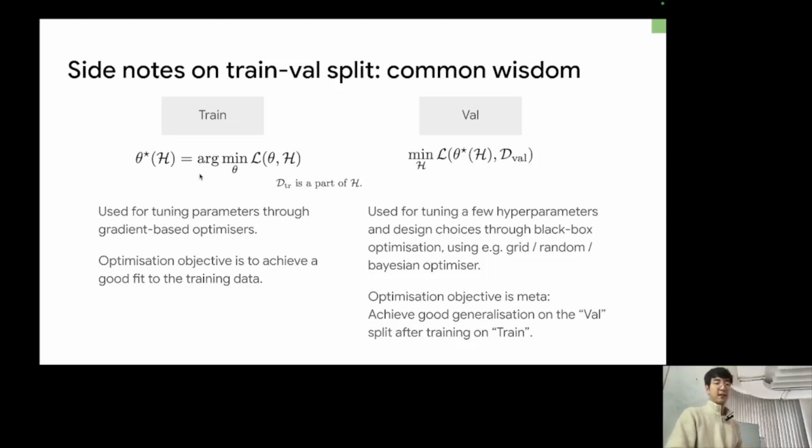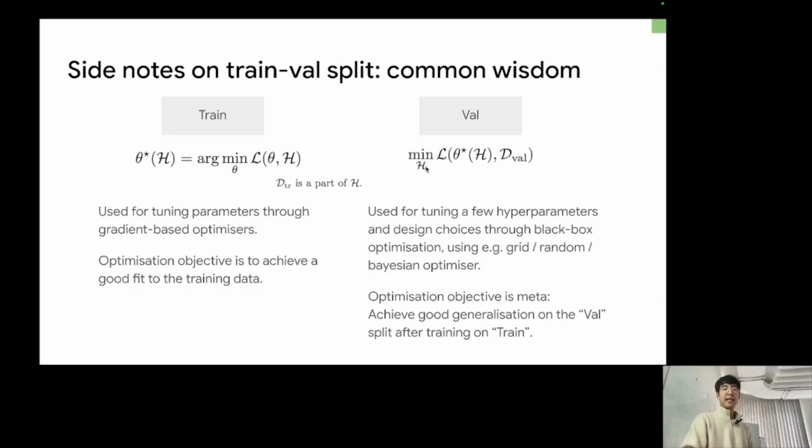The usual wisdom is the training set is used for tuning the parameters of the model using a gradient-based method. In other words, you're trying to minimize the loss with respect to theta, given some hyperparameter set h. And now what you do on the validation set is tune the hyperparameters.